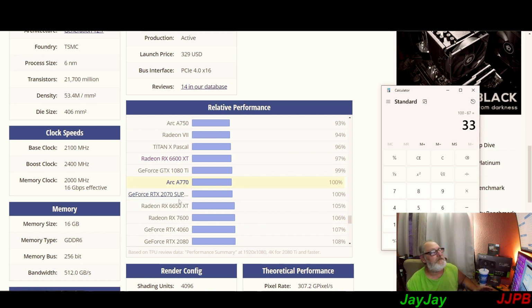So this A770 is 33% faster. Just an average. Go with me on this for a moment. I'm just digging my heels in to see what it would compare with. But in actuality, it really doesn't compare to the 3050.